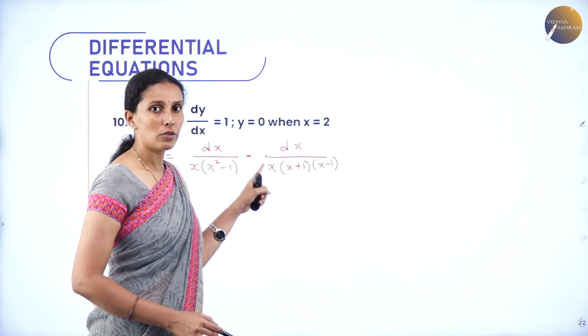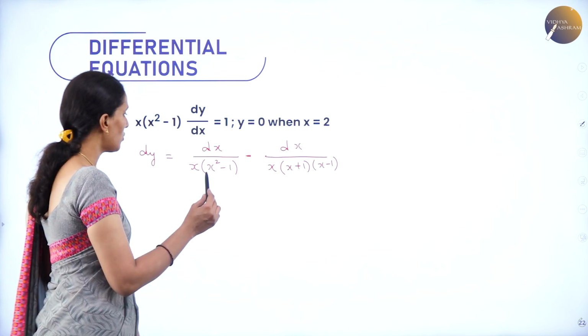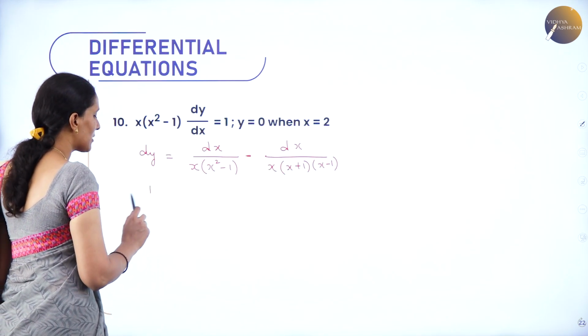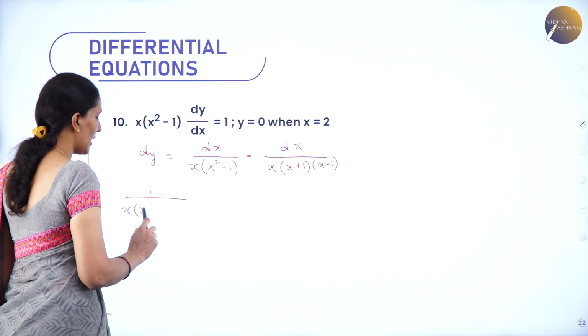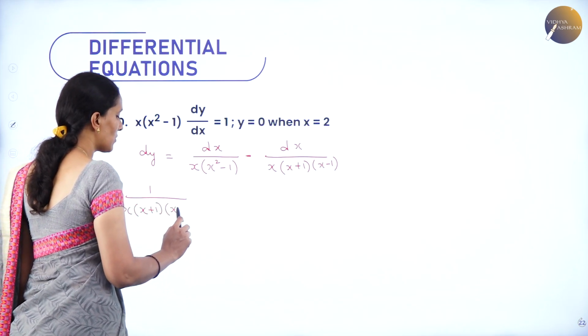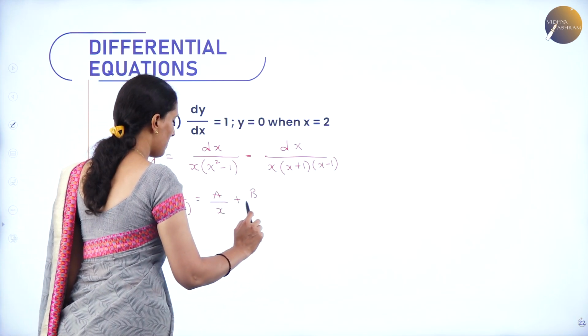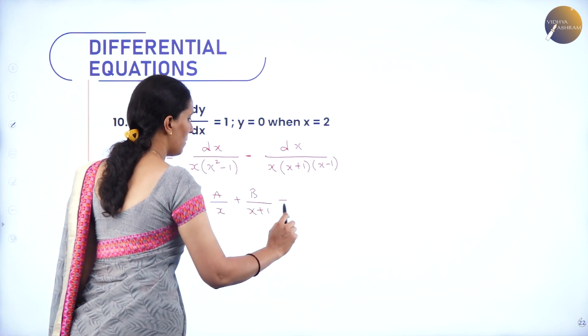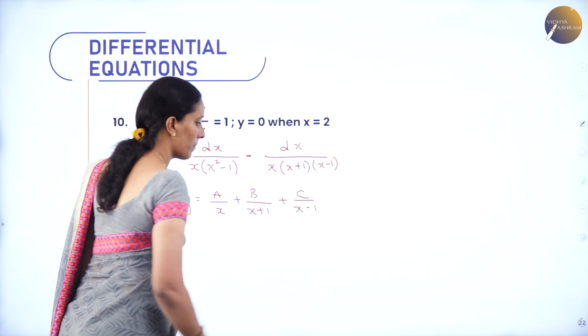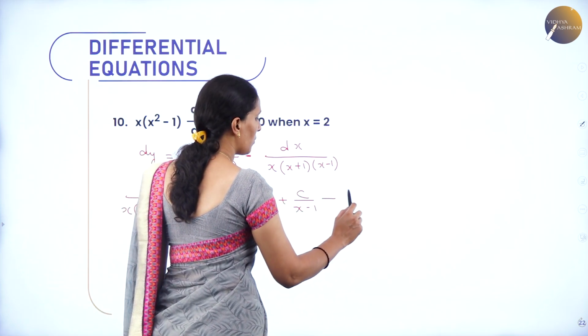So we need to find the solution for this equation. First, let me express 1/(x(x + 1)(x - 1)) as a/x + b/(x + 1) + c/(x - 1). Let me take this as equation 1.